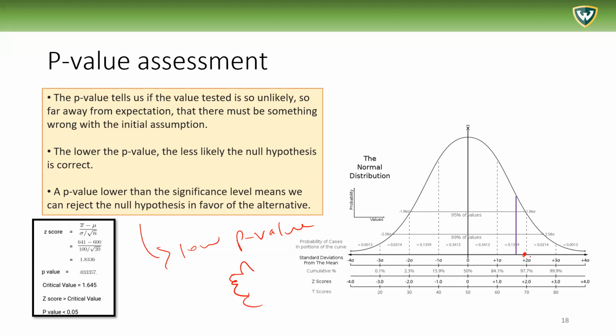So the likelihood of getting a sample mean this far away from the population mean is very unlikely. Therefore, we need to reject the idea that the population mean is, in this case, 600, and accept that we must have a new population mean, and we reject the null hypothesis in favor of the alternative.